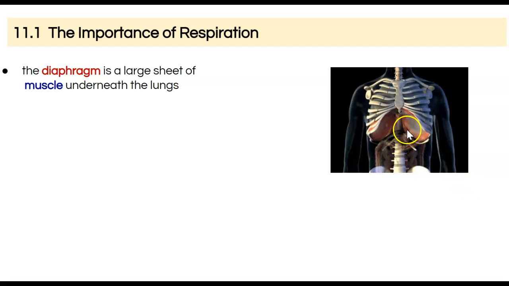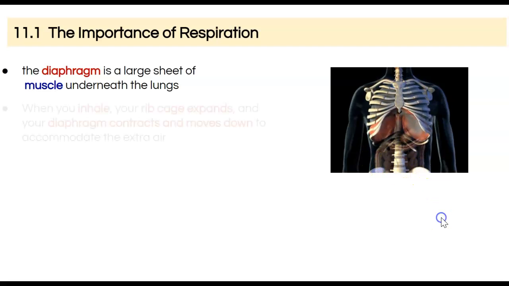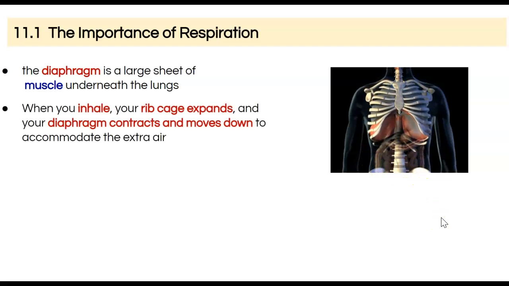It sort of divides the thoracic cavity from the abdominal cavity. And you'll notice hopefully in this picture, and I have another animation coming up in a second here, that when you inhale, the rib cage expands, your diaphragm contracts, or the muscles kind of squeeze together and move down, right?